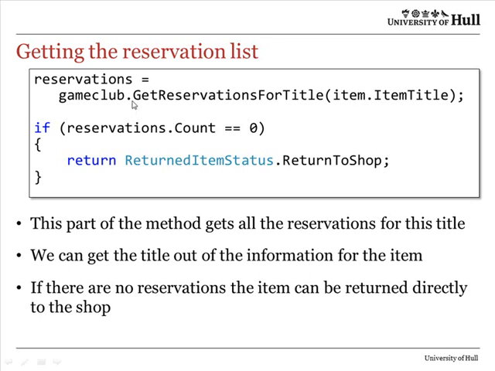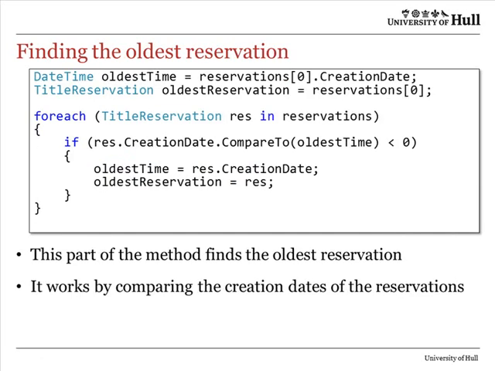So we get the reservations that are out there. If the count for these is 0, then we don't have to do anything. We can push it all back. Now we have a bit of jiggery pokery, to use a technical term: we have to find the oldest reservation in town. There might be a list of these.